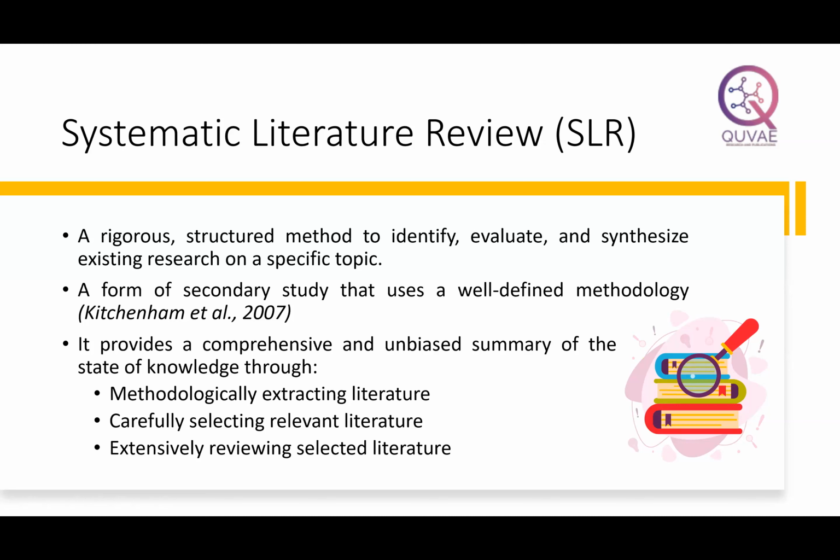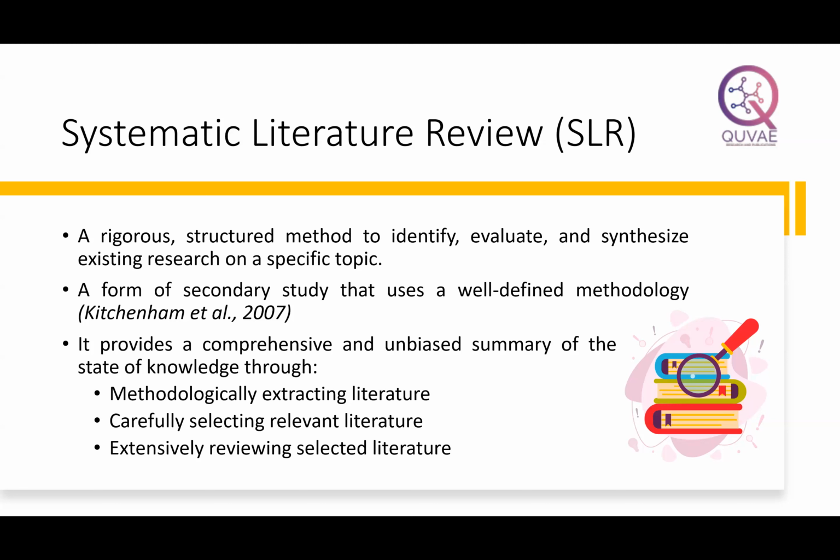Okay, so first, the definition of systematic literature review. Systematic literature review, other than systematic review, in short, we also call it SLR. So I also will use SLR in my presentation.